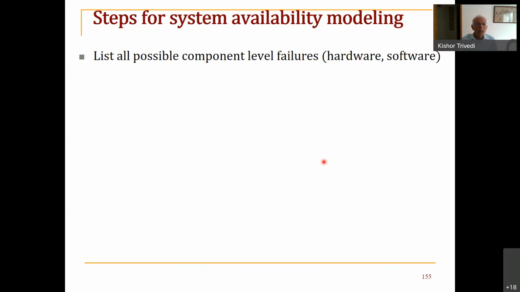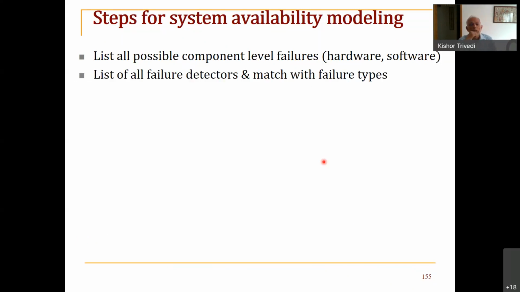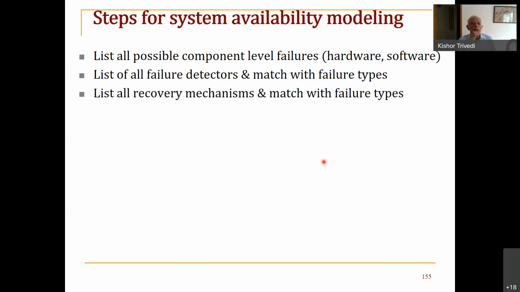List all possible methods of detecting the failures of individual components and match with the failure types. List all possible recovery mechanisms and match with failure types. Now, my experience suggests that in practice, you need to ask very pointed questions to get answers to this. Otherwise, you may get very little information and your models may be useless because details of detection, recovery, etc. are not considered.